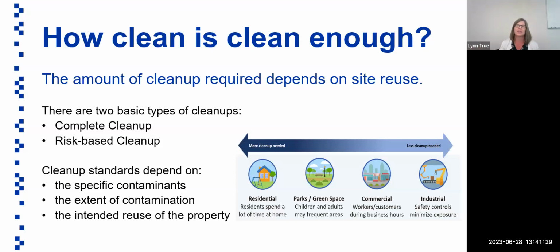As you can imagine, that could be very costly, and it could be an extensive amount of cleanup activity involved. A risk-based cleanup, which is far more the norm for a brownfield property, focuses on reducing the risk by using techniques to remove some of the contaminants, or even to allow some of the contaminants to remain in place.